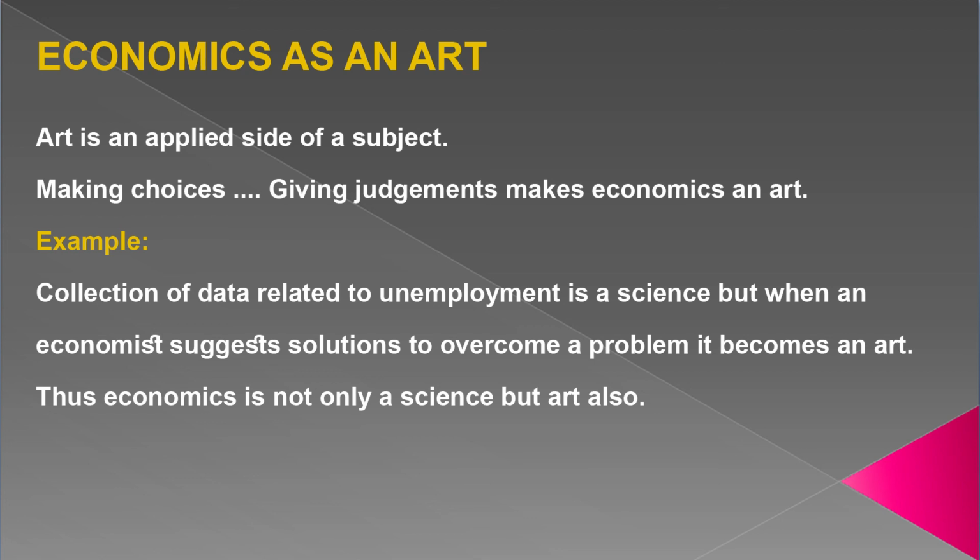It is personal judgment to arrive at a decision. When we do this, economics becomes an art. For example, collection of data related to unemployment is a science, but when an economist suggests solutions to overcome a problem, it becomes an art. Thus, economics is not only a science but an art also.